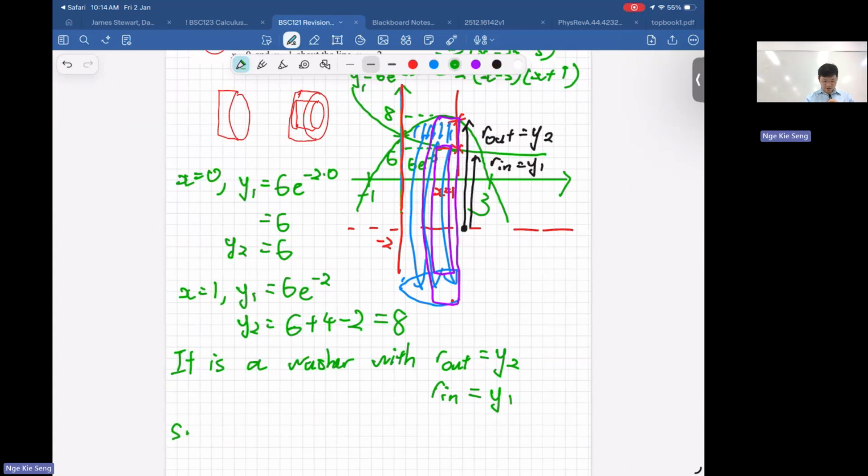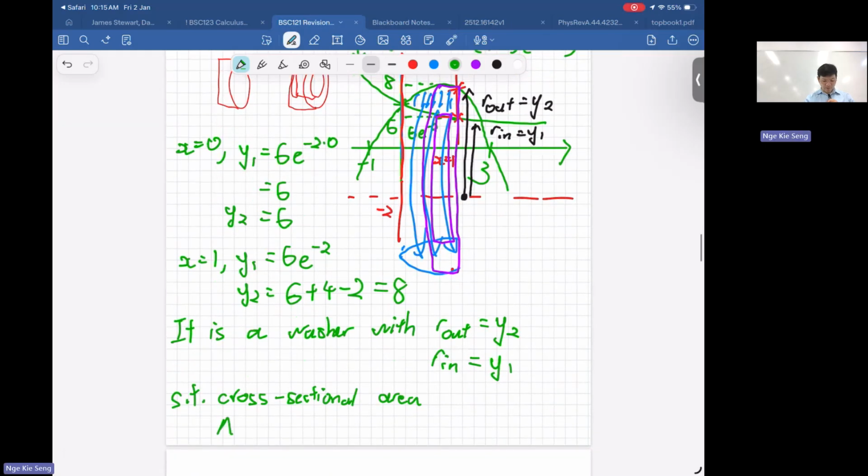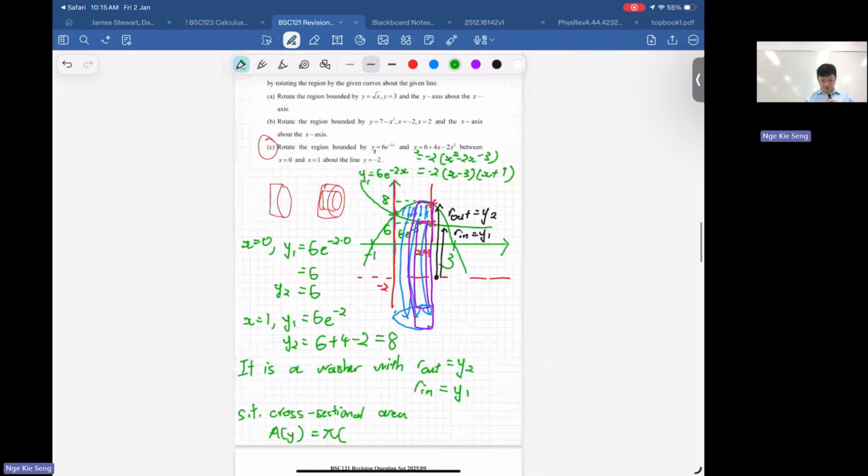The cross sectional area is pi of R out squared, so 6 plus 4x minus 2x squared, minus 6 times e to the 2x squared, like that.